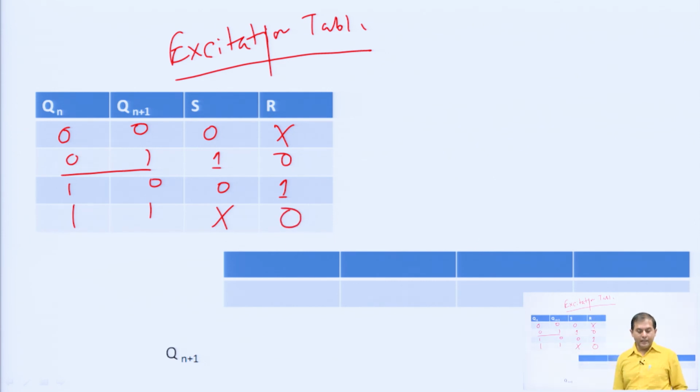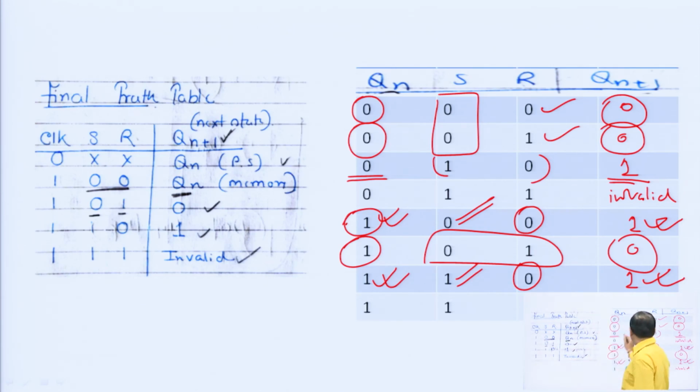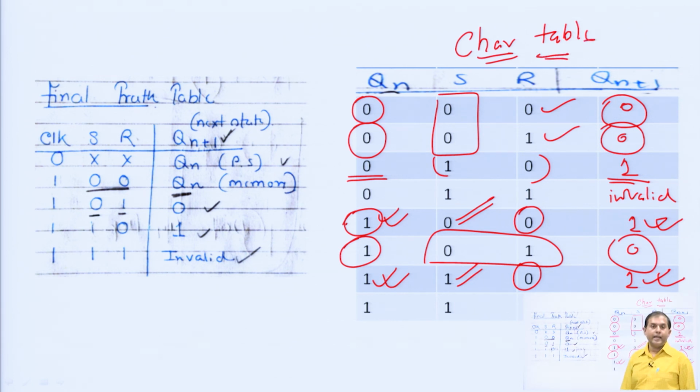So this is the final excitation table, and from this characteristic table we can draw a K map.